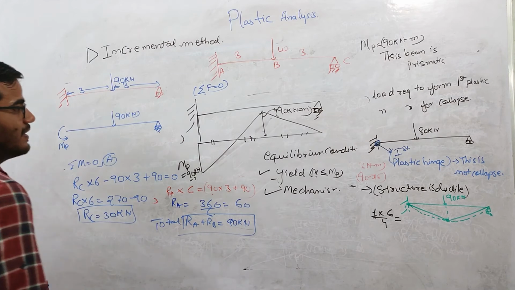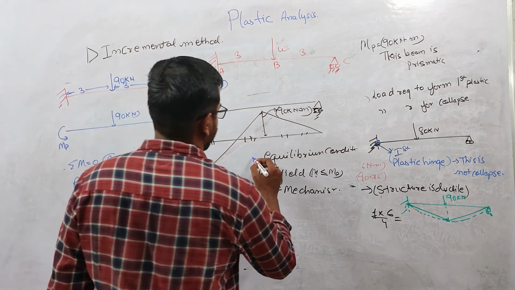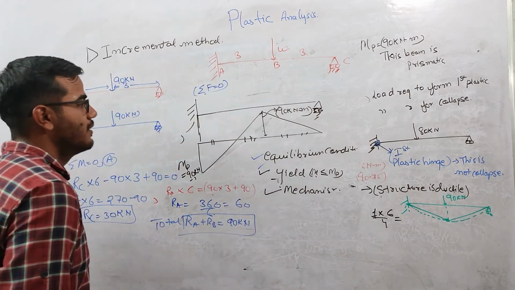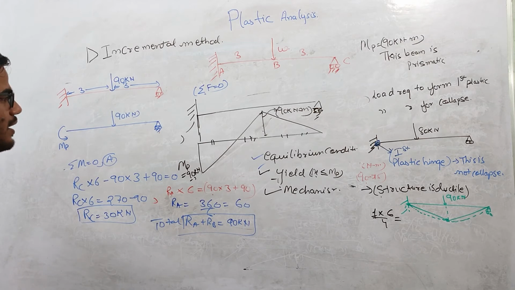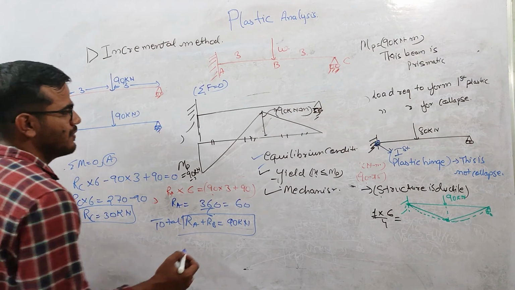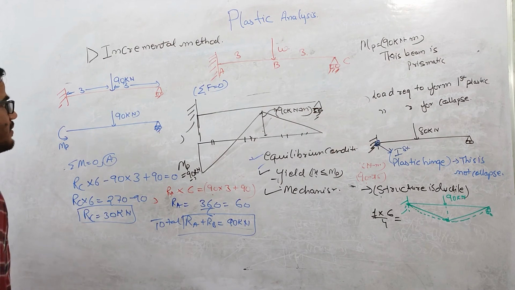So this satisfies our equilibrium condition, right? But we don't have to check this condition, because in this method these conditions are automatically satisfied, since we have drawn this bending moment diagram using these equilibrium equations only. So there is no need to check this equation, but I'll give you a little idea how to check the equilibrium conditions.